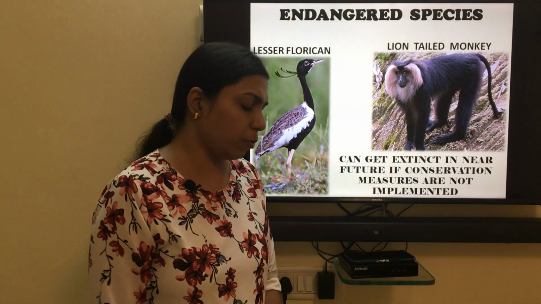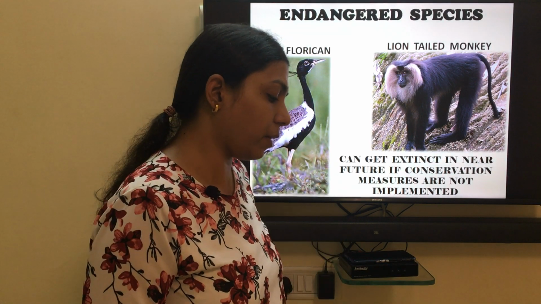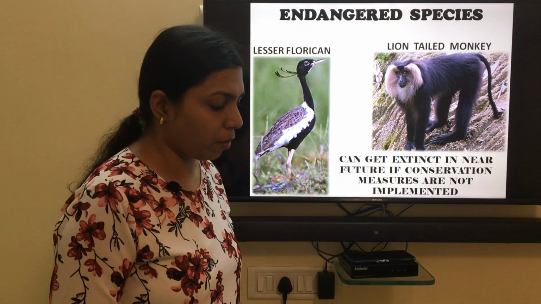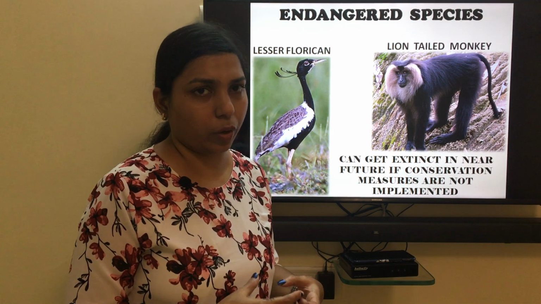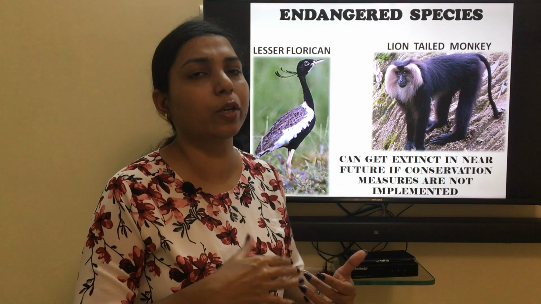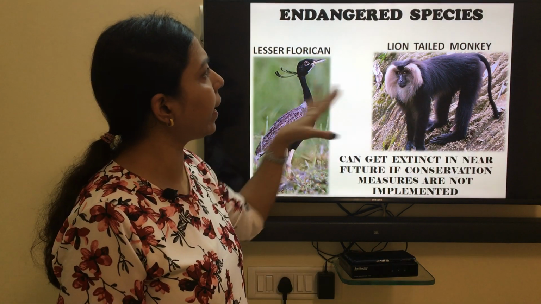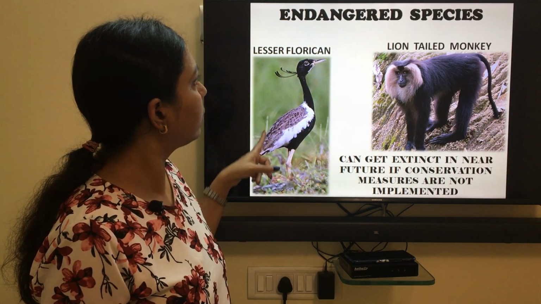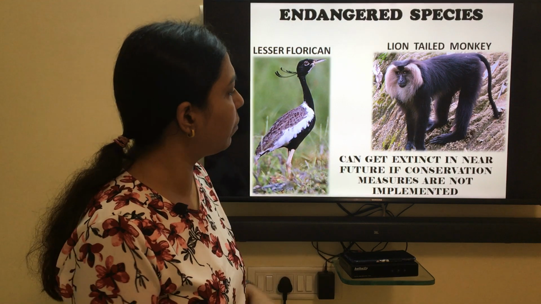Okay. Now we move on to the next part, wherein we talk about the different animals that we say are on the brink of extinction, but not all the animals come under the same list. Okay, there are some animals which may get extinct, there are some animals which may not get extinct. For example, these are the endangered species. This one is a lesser florican, this one is a lion-tailed monkey.